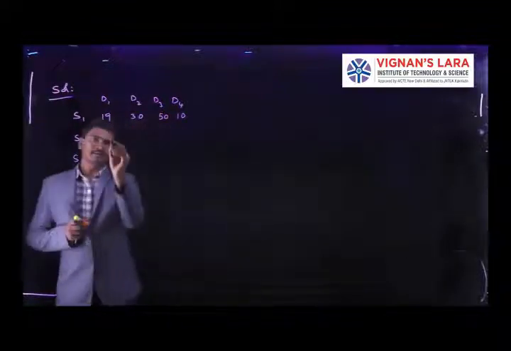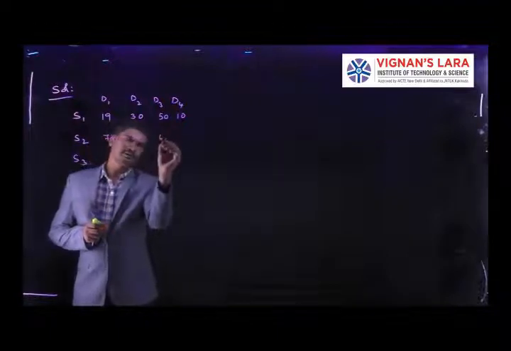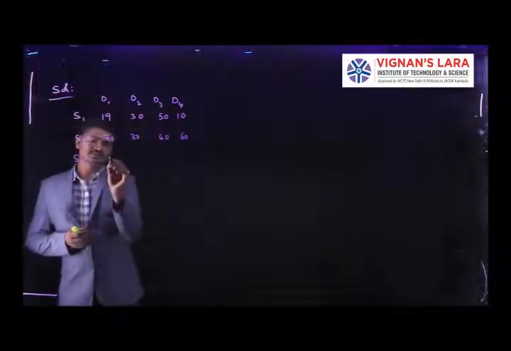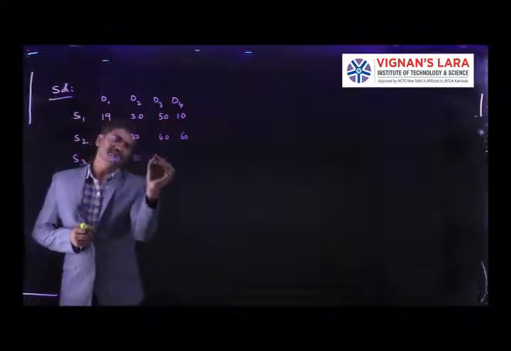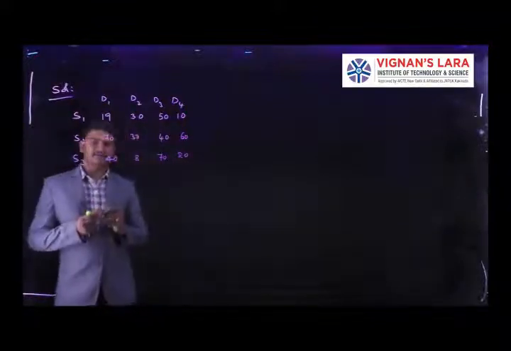Next 70, 30, 40, 60 rupees. Next, the third station: 40, 8, 70, 20. These are the unit costs of each demand station.